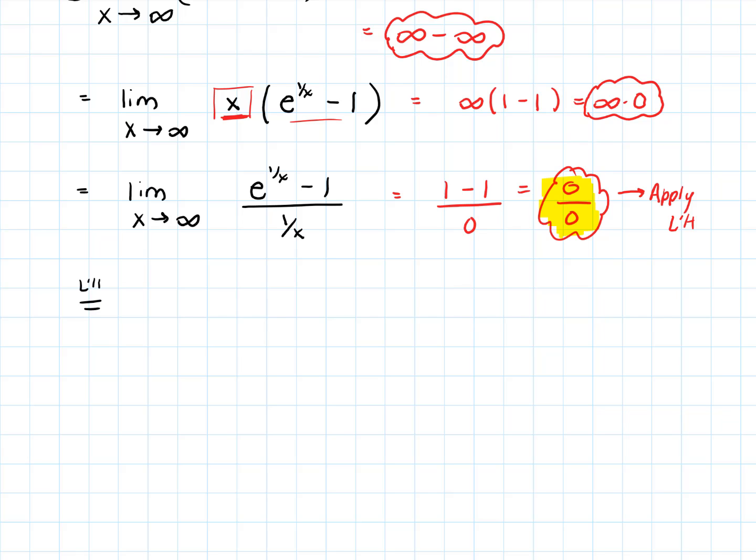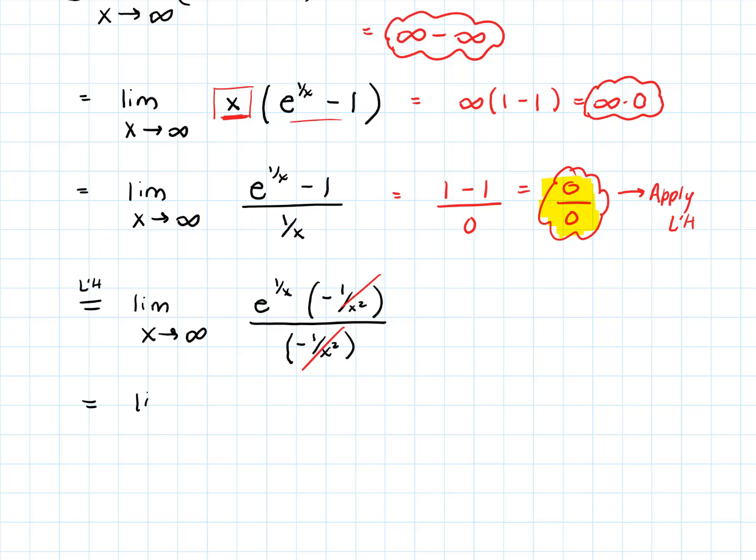L'Hopital's rule says that this is going to be the limit of the derivative of the top. So the derivative of e to the 1 over x is e to the 1 over x times the derivative of 1 over x, which is negative 1 over x squared, minus 0. And then the derivative of the bottom is going to be a minus 1 over x squared. Notice by doing that, I end up with those two common factors that can cancel.